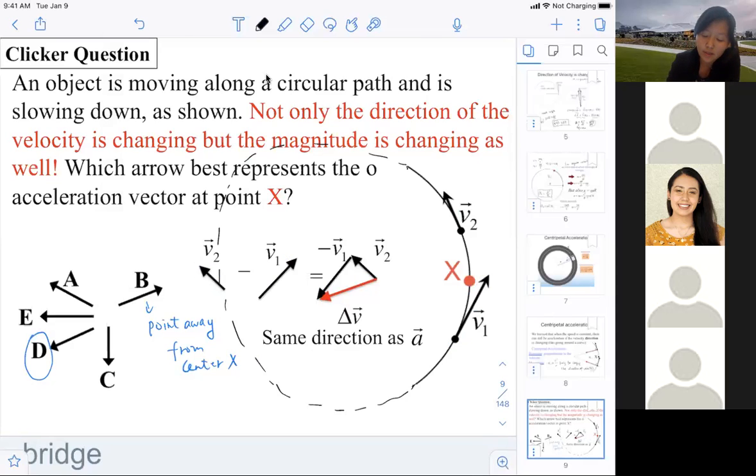Like what if you have an acceleration directly in this way? So the velocity doesn't change? Yeah, the velocity will change its direction only, right? So this one is responsible to change directions. But at the same time, you can see your velocity is becoming smaller.